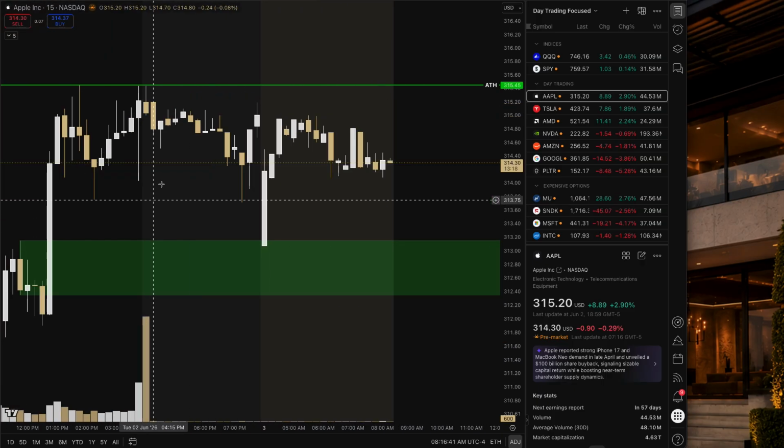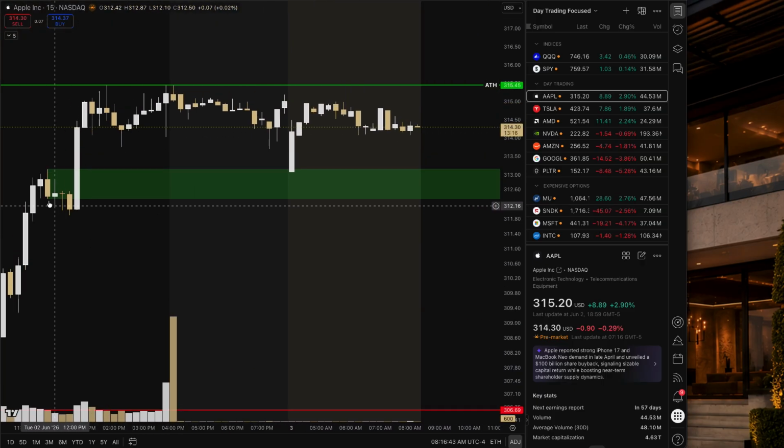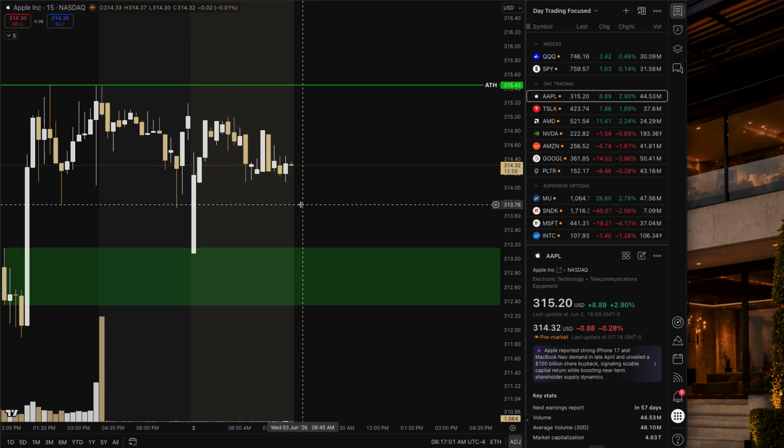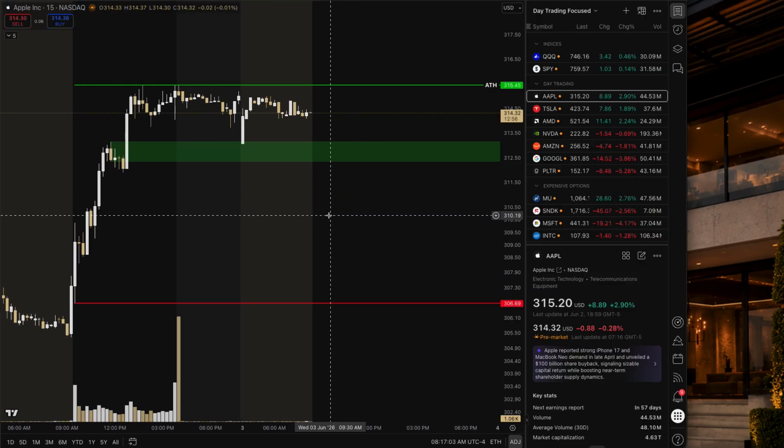Because if you see here, this was the down close candle, so from here we had some sellers stepping in. This highest up close, down close candle, the red candle, is your support zone. So I want to see the price above this level on Apple.